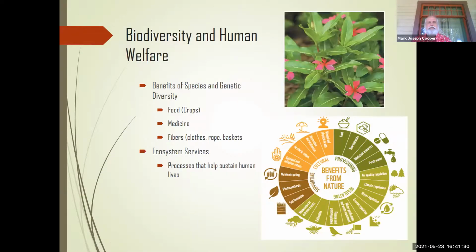All right, biodiversity and human welfare. So the question is, why should we care? And I hate that I even have to have the slide, but first of all, they have intrinsic value. Just being there and being pretty, I suppose, is good. But also we have many of the plant species, especially our food, crops, medicine. Up on the top right is a type of periwinkle.